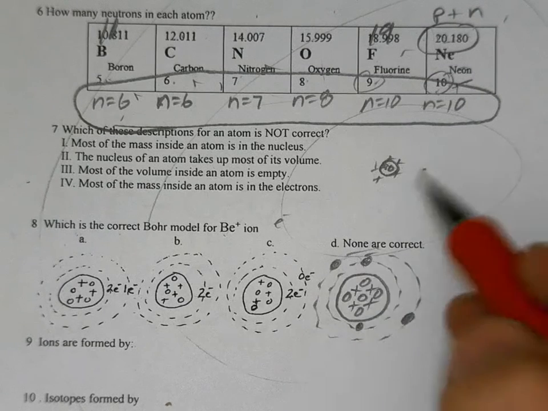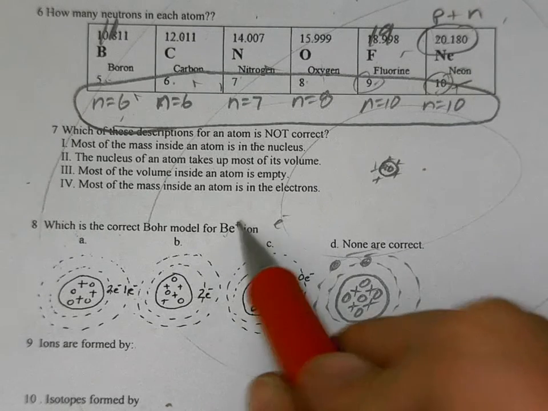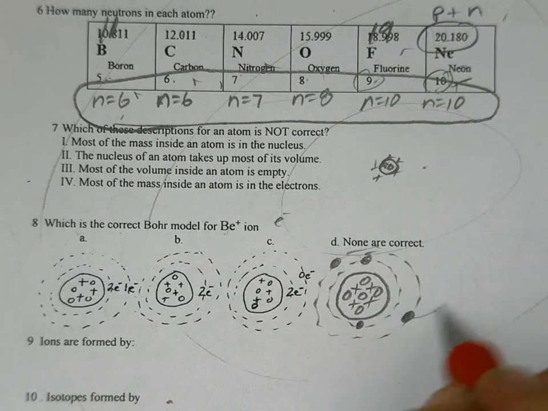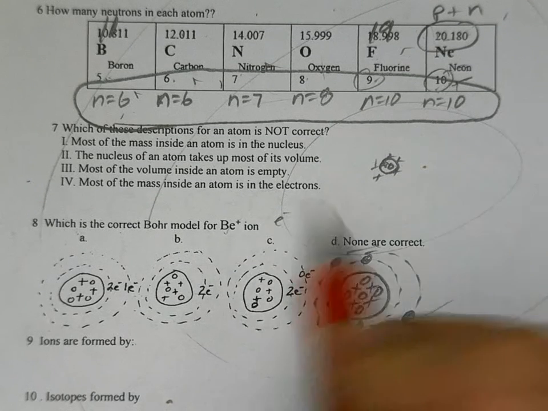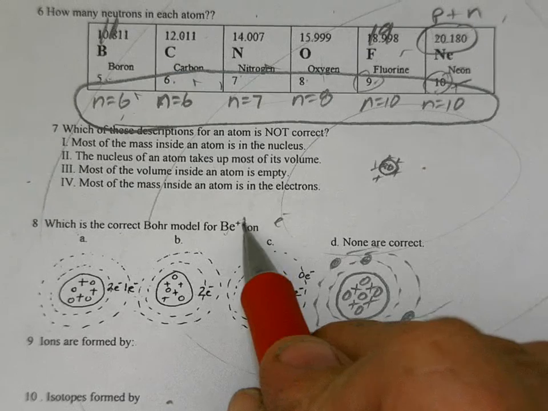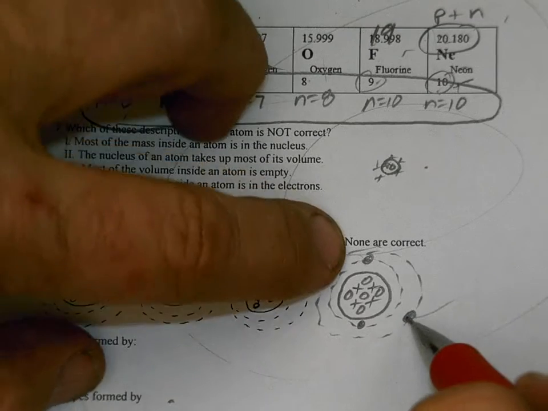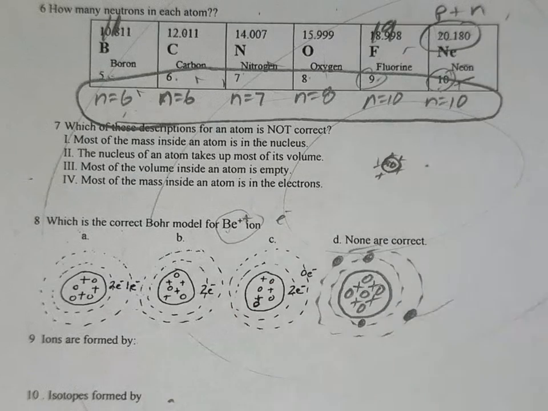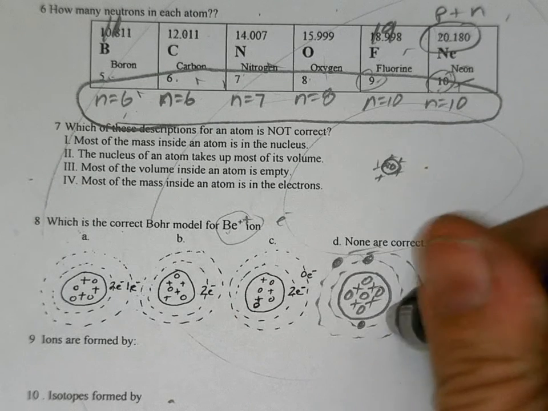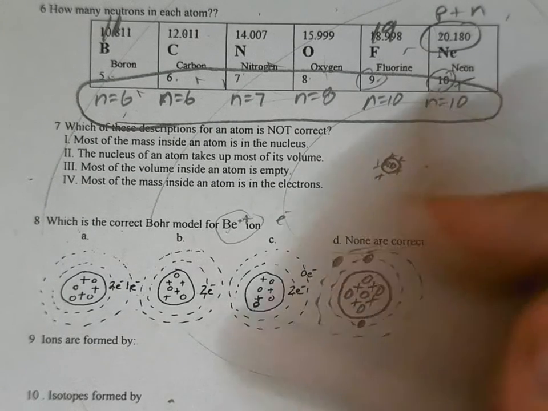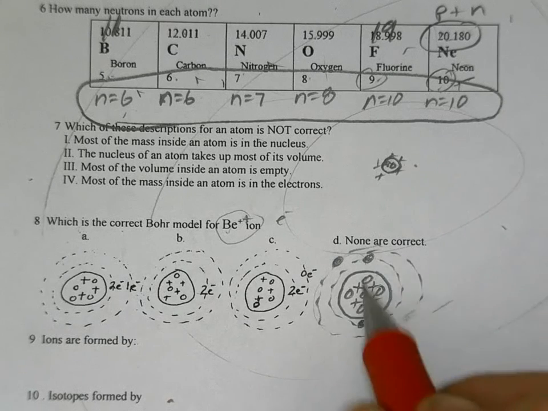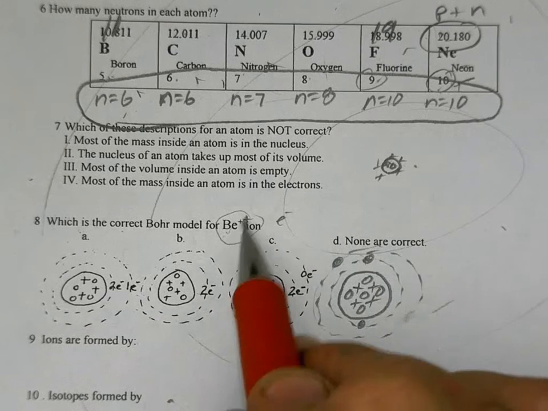Okay, but now this is beryllium plus ion, which means it had to lose one of these electrons. And it's just a plus one. If it was plus plus, it would have lost both of these, but this problem says it just lost 1 electron. So I'm just going to erase one of the electrons in the valence shell. And now this would be what beryllium plus 1 ion looks like.